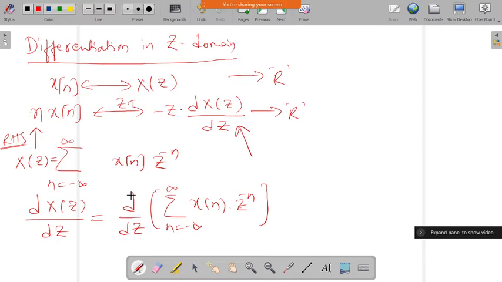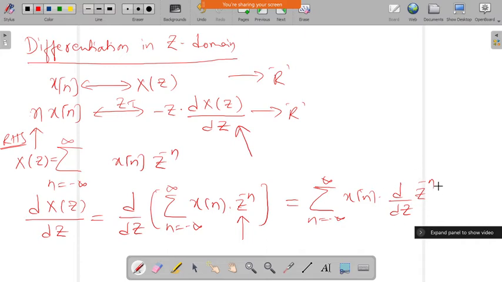Now if I differentiate with respect to z, which is the term that will be differentiated? The only term is z power minus n. So we will differentiate that term, that is summation minus infinity to plus infinity x of n into d by dz of z power minus n.